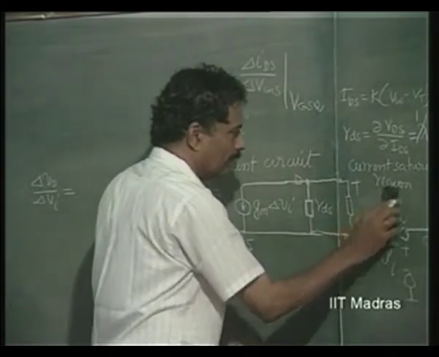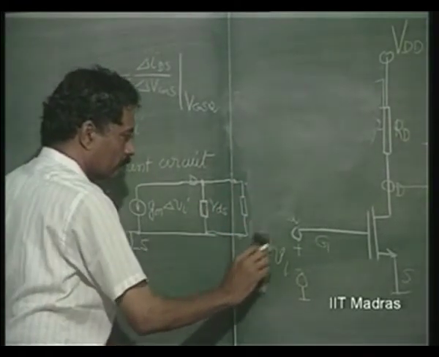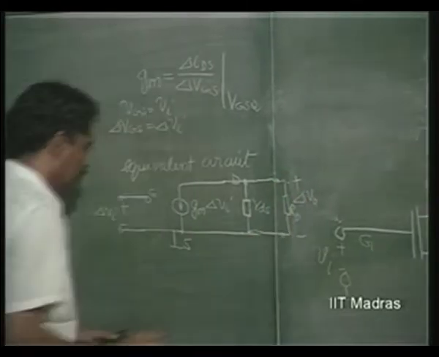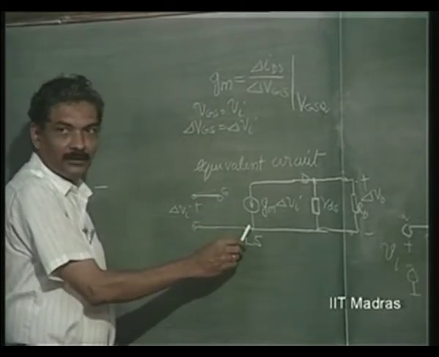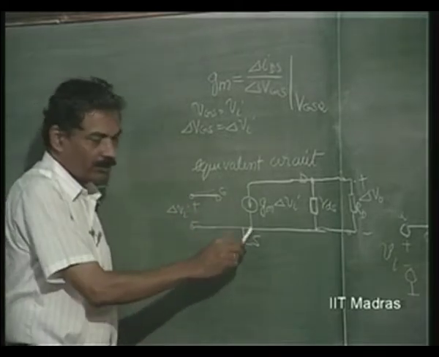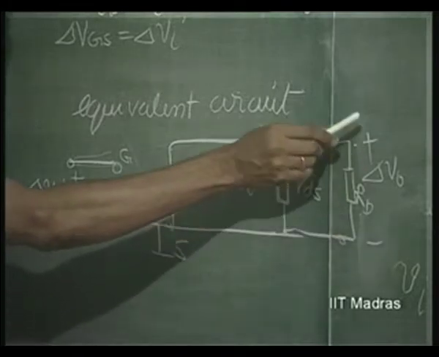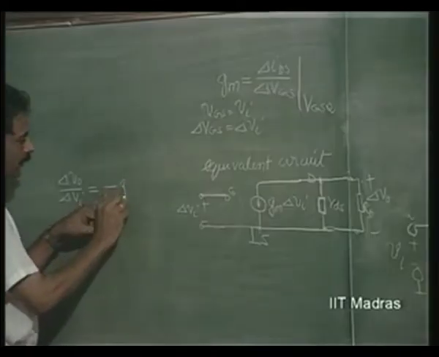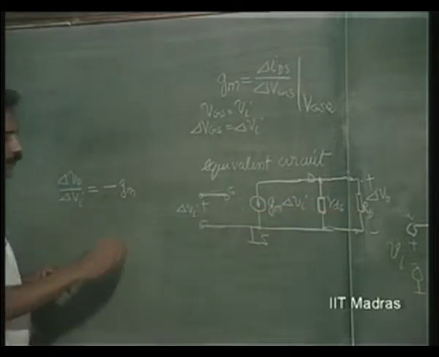It is going to be minus, why minus? Because this current is going to increase as Vi increases. Therefore, this potential will be plus and this will be minus. So what is marked as delta V naught is going to be negative times Gm into RDS parallel RD.